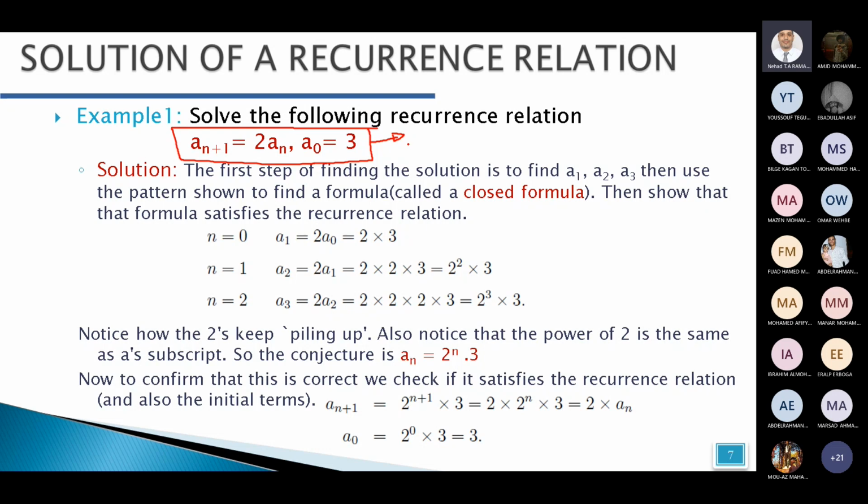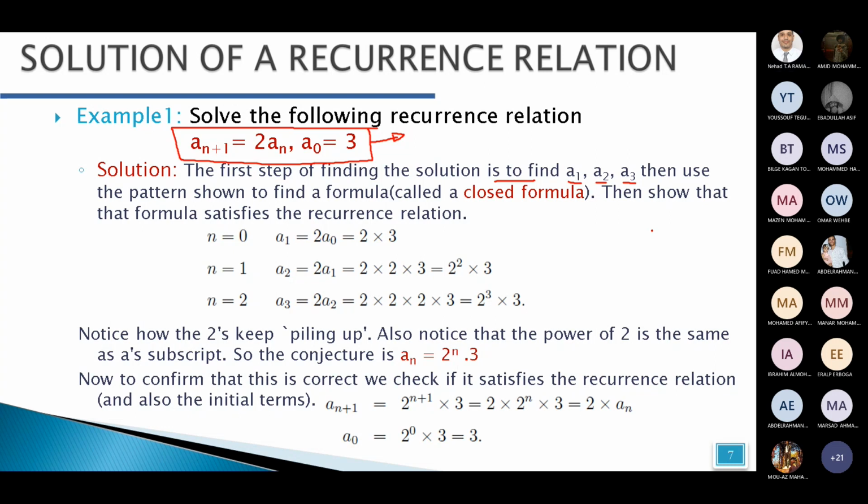Let's take the simplest way. The simplest way is to find the first few terms. For example, we find term A1, term A2, term A3, and so on, the first few terms of this relation.